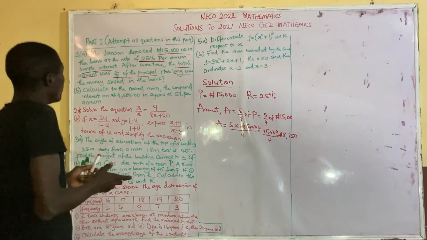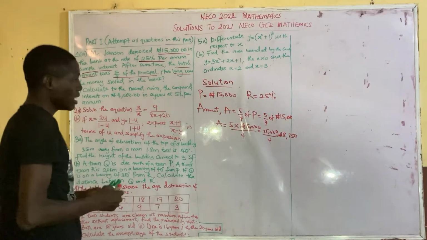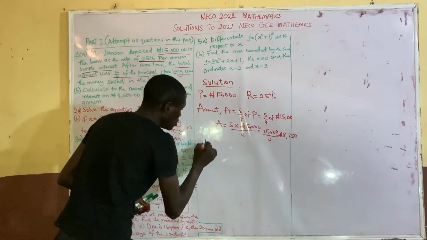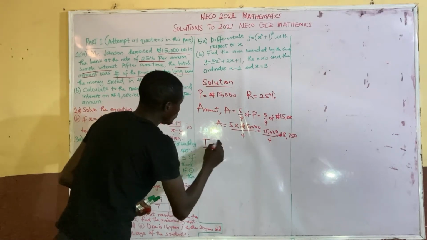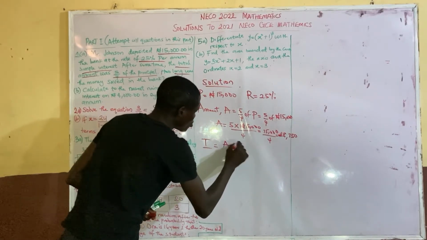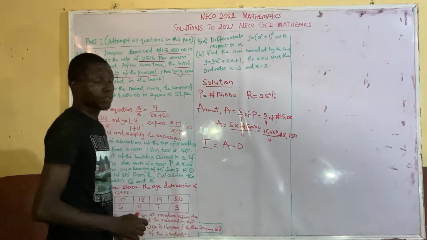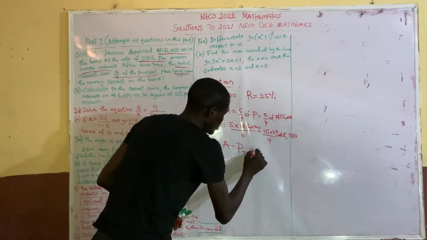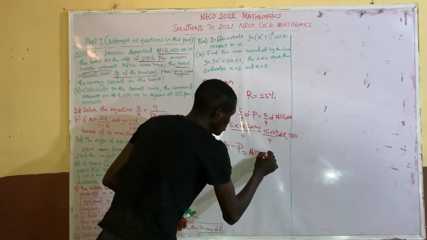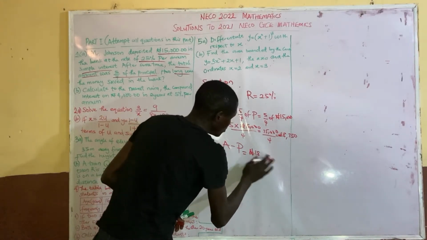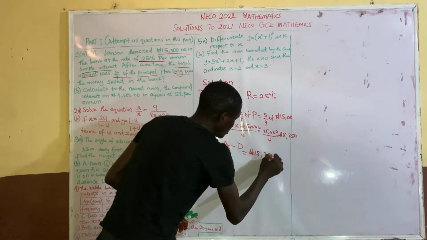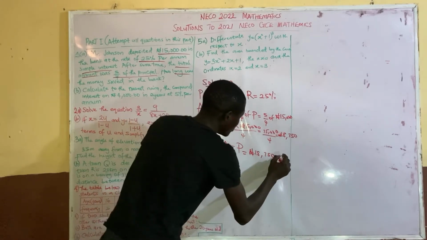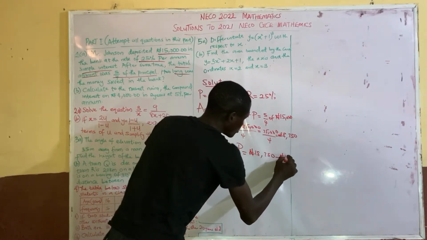Now we can obtain our simple interest. We know that the simple interest I is equal to amount minus principal. The amount is 18,750 and the principal given to us is 15,000 naira.